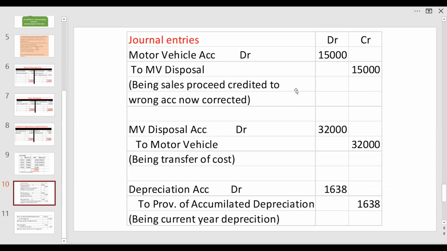So one of the reasons where journal entries can be used is error correction. Now in this one, you see that the sale proceed was wrongly credited to an account that is now being corrected. And it has a traditional way of writing a journal entry.